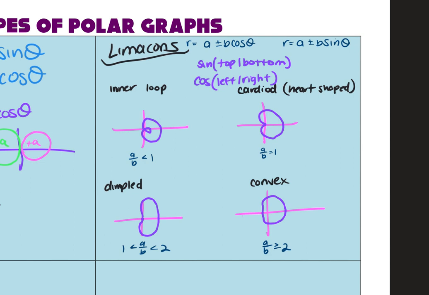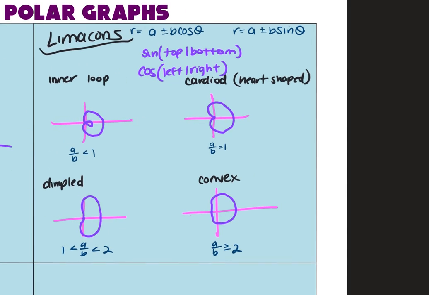When you go to graph limaçons, these are the ones that are going to require some work. So the first thing I do is classify it. The second thing I do is figure out the symmetry. The third thing I do is find the max, and the max is A plus B. Find your min.